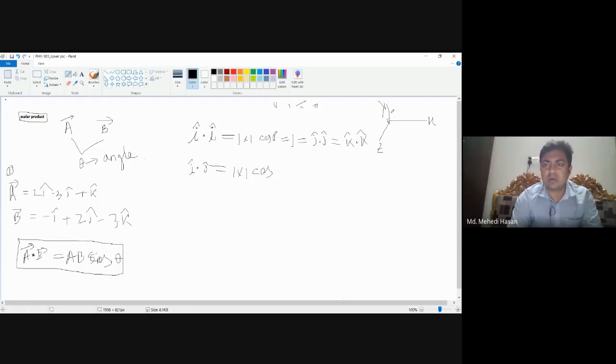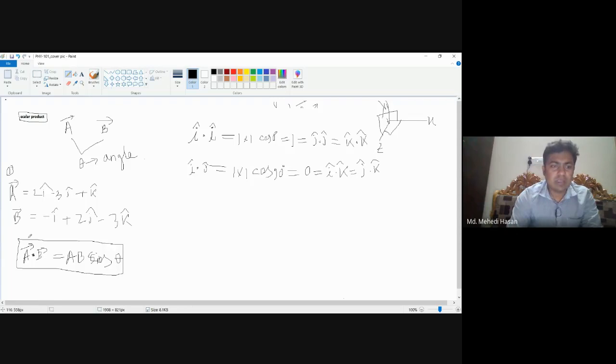So x produces a 90-degree angle with y, and z produces a 90-degree angle with x and also with y. So the answer cos 90 degrees is 0. For different unit vectors, the dot product result is 0. So I dot k is 0, and also j dot k is 0. Okay, so this is the main result for the dot product of unit vectors.